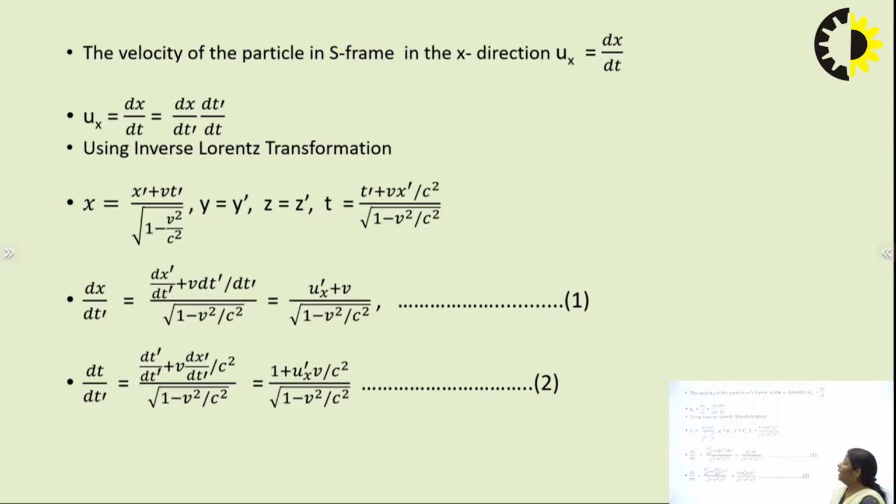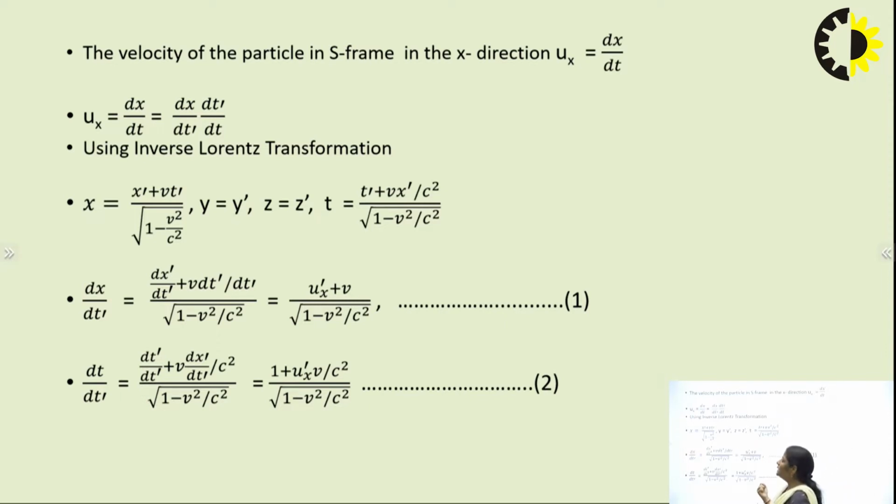All right. So these equations x, y, z and t, these expressions, are the inverse Lorentz transformation, and we are going to use these transformations step by step in order to calculate the velocity.